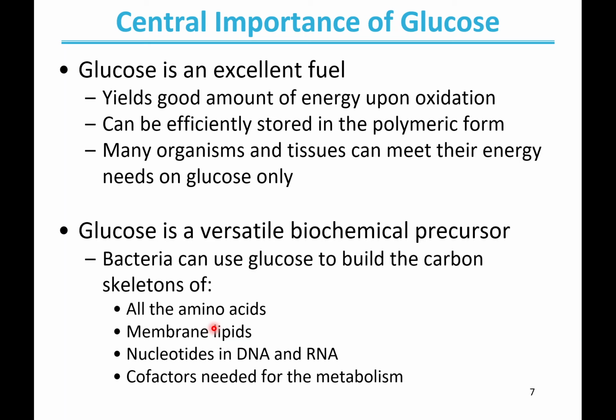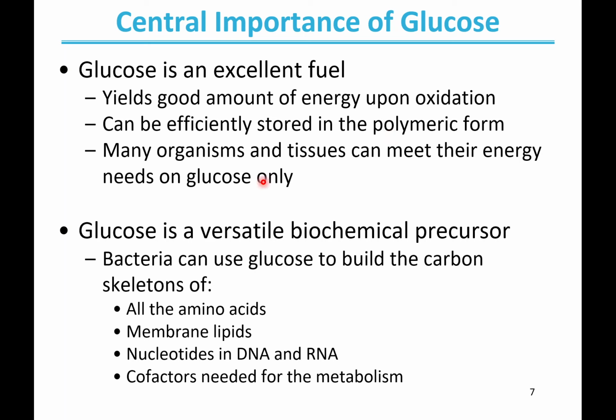Okay. So why is that? Well, glucose is an excellent fuel. It yields a good amount of energy when it's oxidized. It can be efficiently stored in a polymeric form. And we talked about those when we covered chapter 7, right? Glycogen and starch, amylose, amylopectin, are all just polymers of glucose.